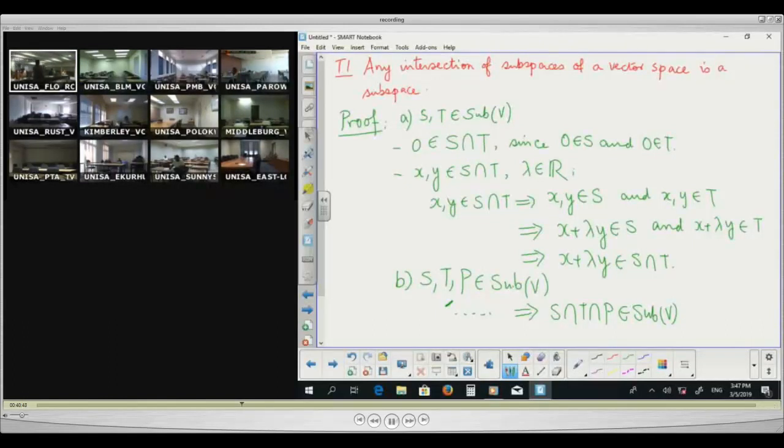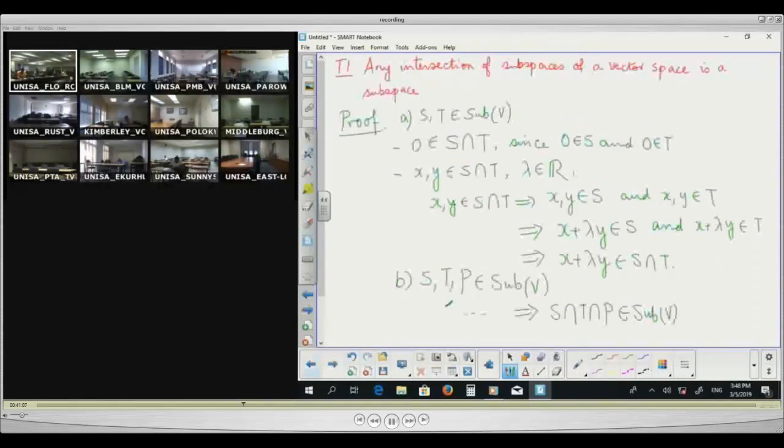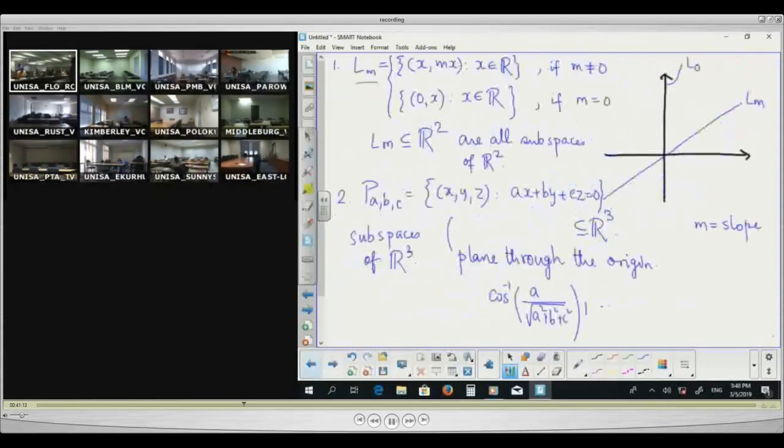Each L_m, you saw over here, these L_m are all members of Sub(R^2). And m can be any real number. So it is not that there are 2, 3, 4, 20 billion. There is something also called L_pi.